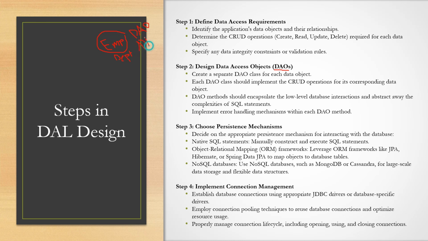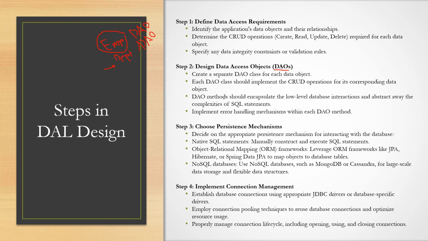In employee DAO, everything should be related to the employee. All the information and all the methods related to the employee should be in this file. The same for the department: all the methods related to the department should be in department DAO.